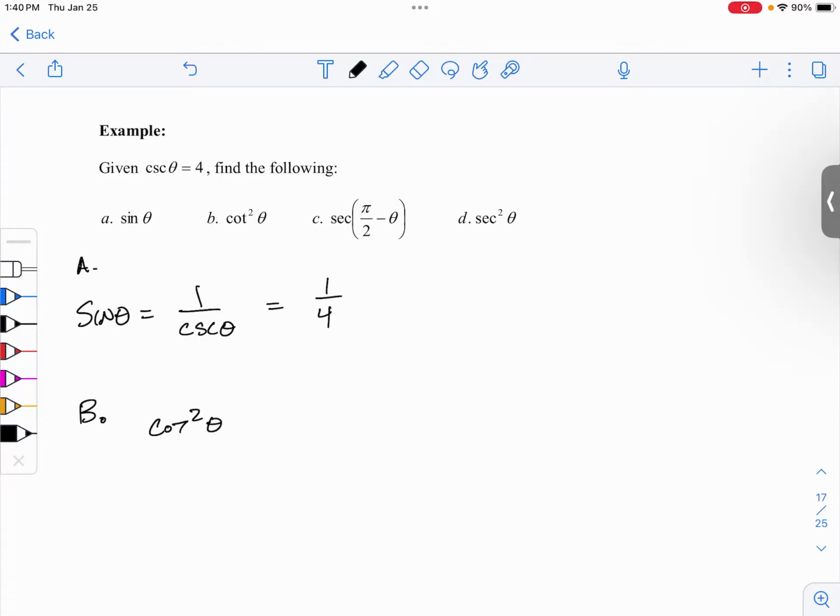Okay, so now we're looking for cotangent squared of theta. Does cotangent relate to cosecant in any way? And this one, a big trick, cotangent squared, which means where should I be looking? If I have a trigonometric function squared, what should be one of the things I'm thinking about, or the main thing?